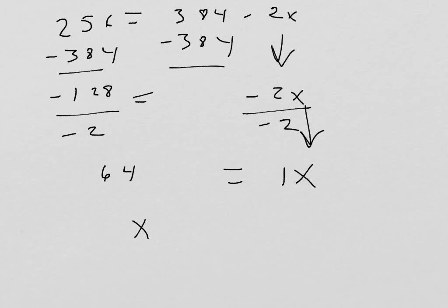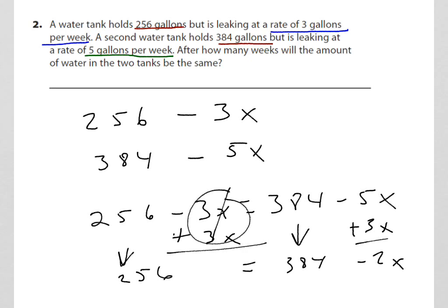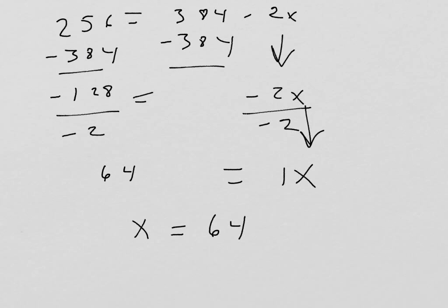So my x is equal to 64. So what this is telling me, if we're all good and right here, is that after how many weeks will the amount of water in the two tanks be the same? And it will be after 64. All right.